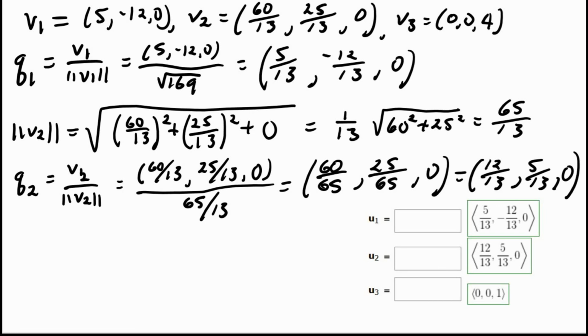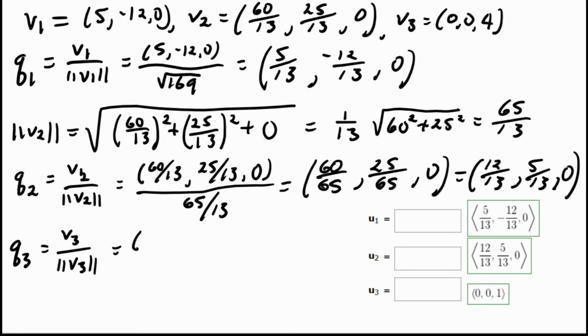Okay. So q sub 3 is v sub 3 divided by the norm of v sub 3.